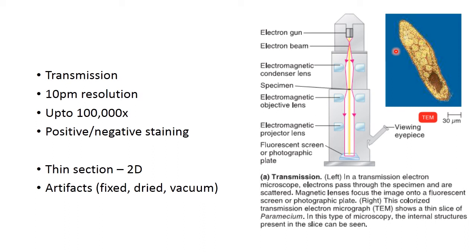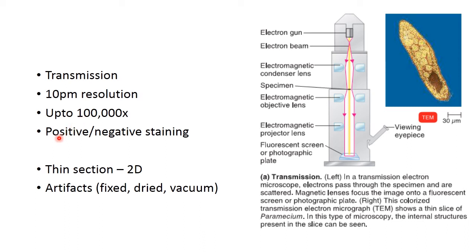Therefore, most of the information which we get through transmission electron microscopy is in a two-dimensional plane. The resolution is of the order of 10 picometers, and it can produce magnifications up to 100,000 times.